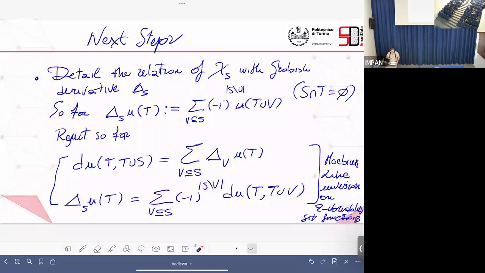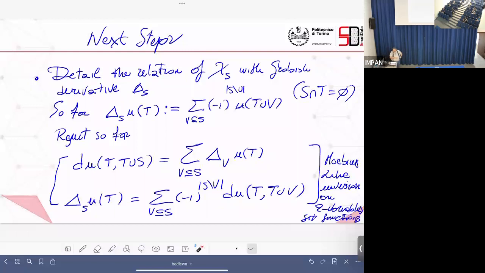And so we have discovered that there is a very neat relation between our differential and, in the end, our Shapley and the Grabisch derivative. The Grabisch derivative is this delta S T. I think now you are all acquainted with my notation, with S and T as sets, coalitions.